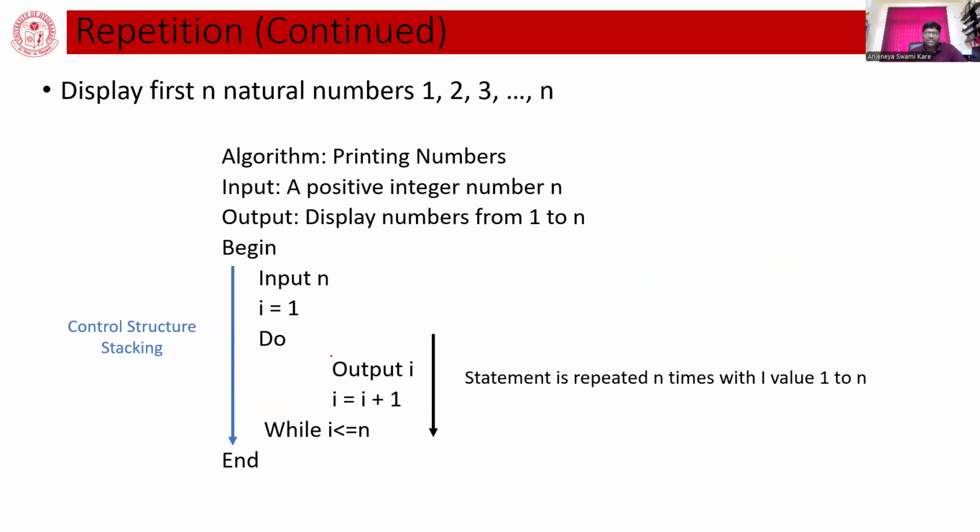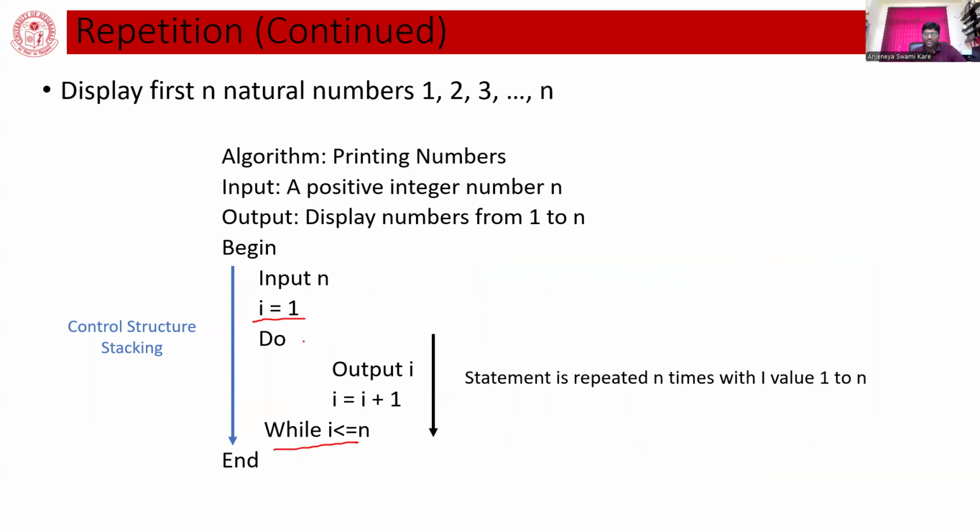Right. So let us write the same algorithm using another repetitive statement called do while loop. Instead of while loop, we are using a do while loop. Input n, initialization I is equal to 1. Output I, I equal to I plus 1, I less than or equal to n. If you compare the previous while loop with the do while loop, the condition is checked at the end of the repetitive statements.